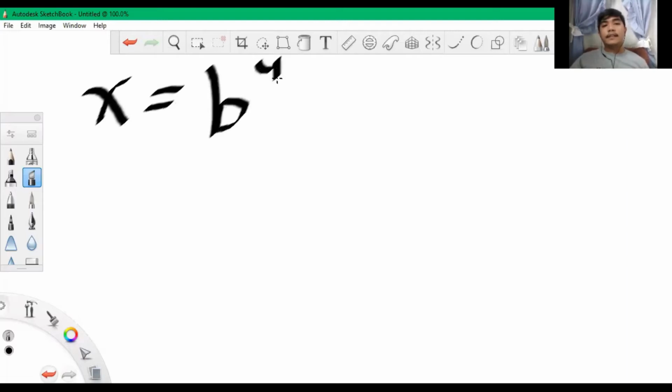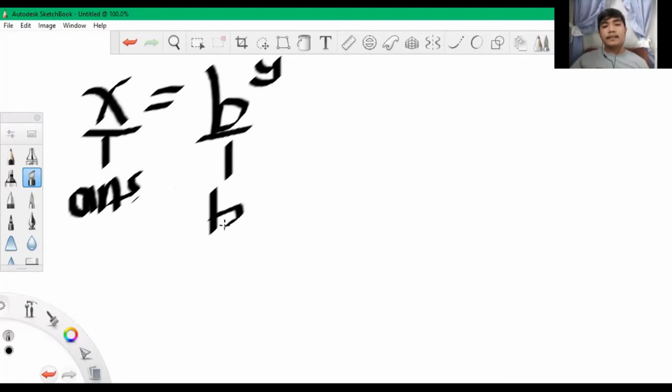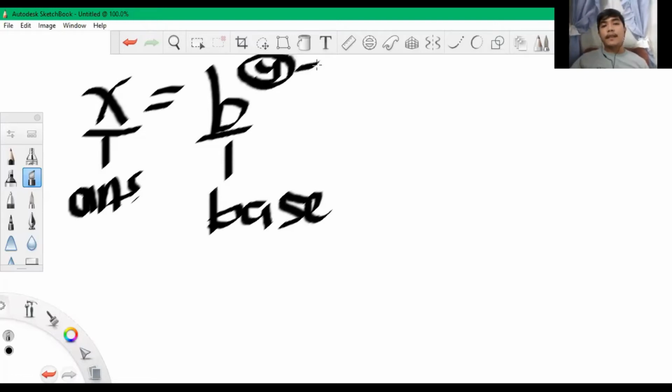This is an exponential form wherein x here is what we call the answer. This variable b is what we call the base. And yung variable na naka-superscript, this letter y, is what we call the exponent.